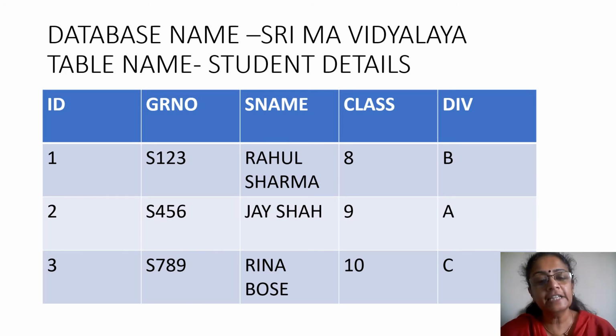The database that we are going to create is called Shrima Vidyalay, and the table inside that is going to be called student details. Now the fields which are going to be included in this table are the GR number, S name, that stands for student's name, class and division, and the data given below is the data which you are going to enter into the table. So let us see how we do it.